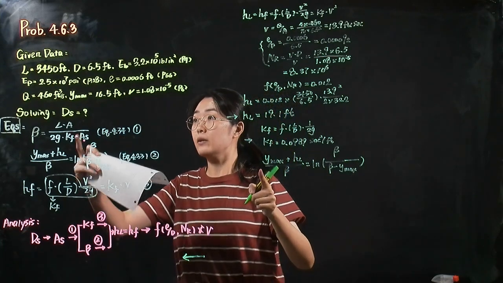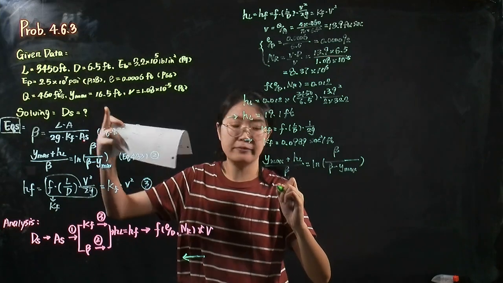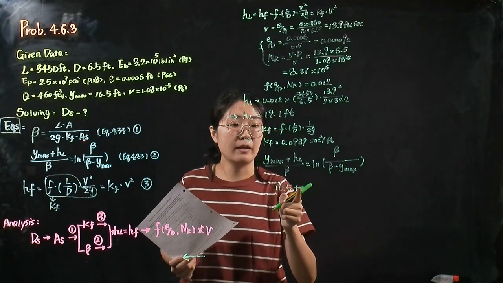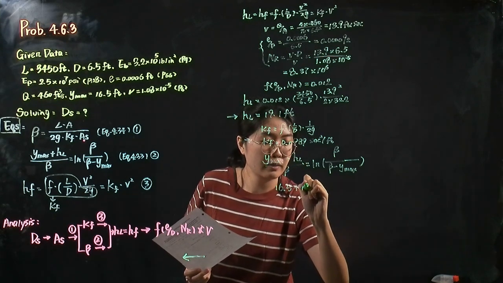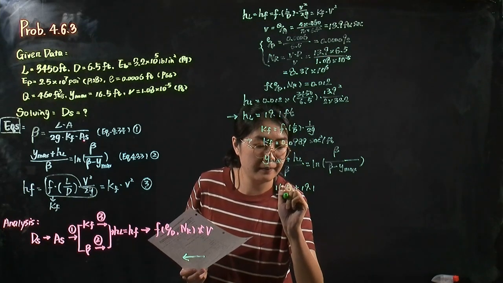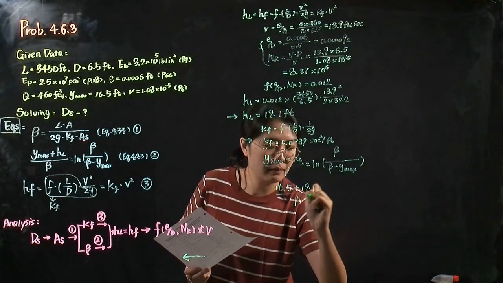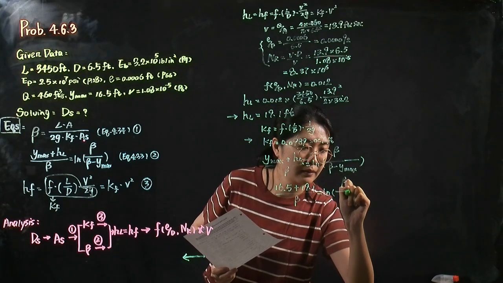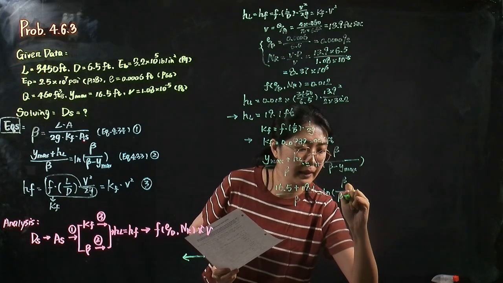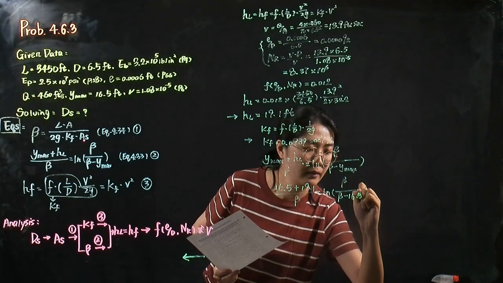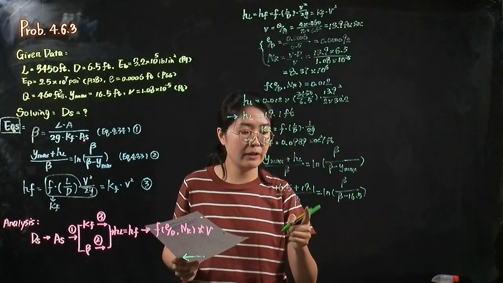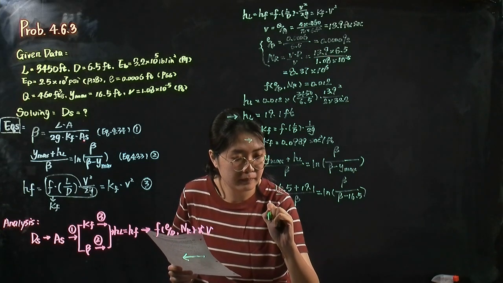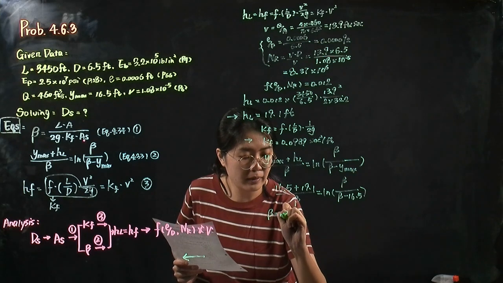The Y max equals 16.5 feet. The head loss is 19.1 feet. Then it equals ln of beta over beta minus 16.5. Then we can calculate the value of beta. It equals 19.9 feet.